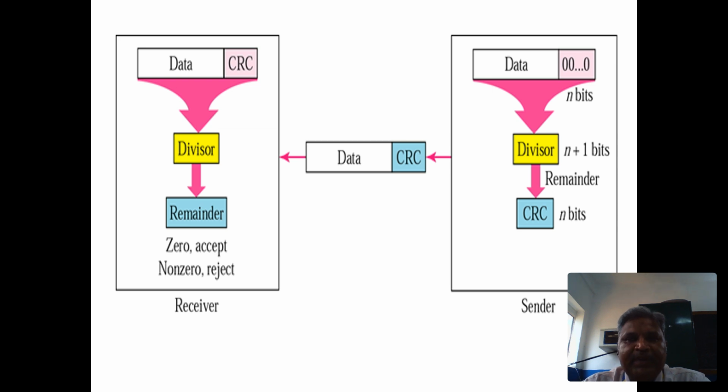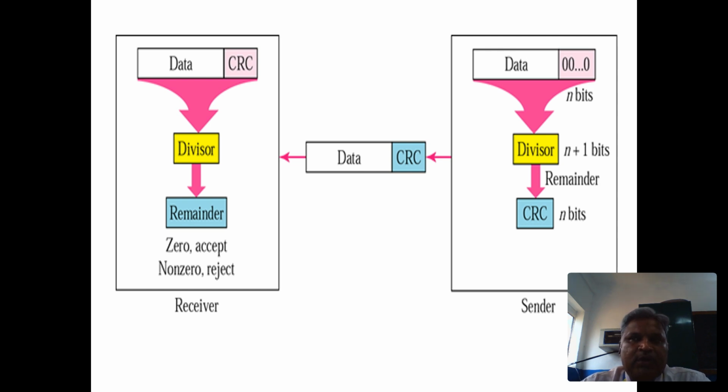After performing this division with modulo 2 subtraction, we get a remainder. That remainder we regard as the CRC, cyclic redundancy check, which is nothing but the remainder obtained after dividing the given data with the given divisor, of course following the first step of appending zeros.